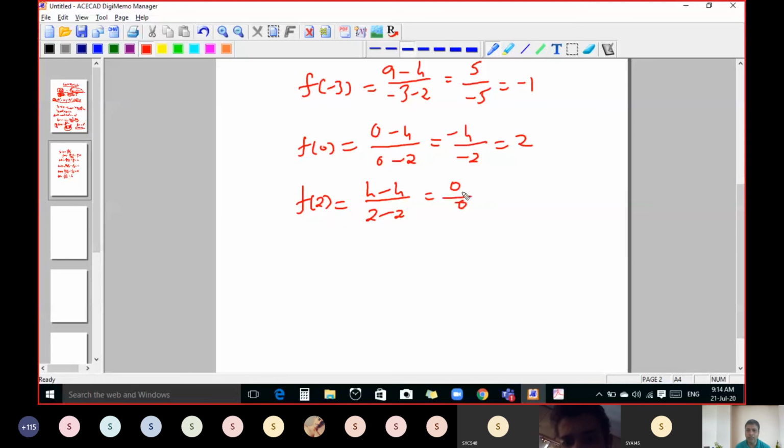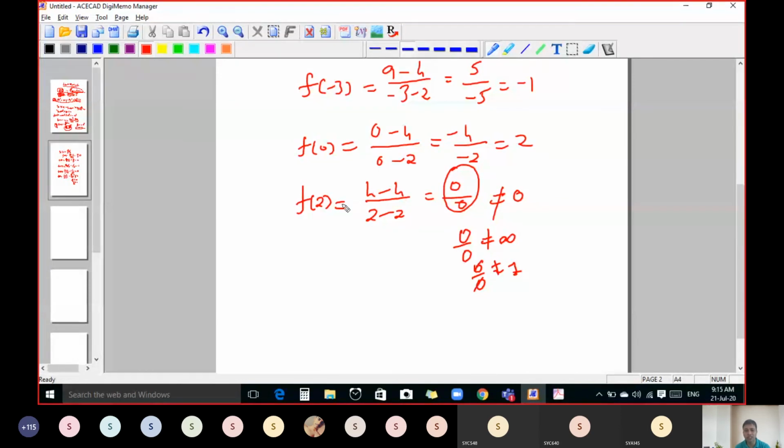And if we have the answer 0 by 0, please bear in mind 0 by 0 is not 0. 0 by 0 is not infinite. Then obviously, 0 by 0, if we cancel this, we get 1. This is very, very bad thinking. It is not like this. You cannot cancel 0, 0.